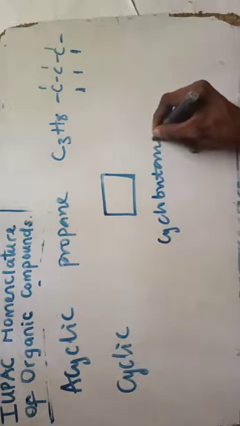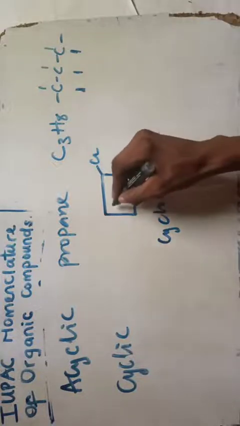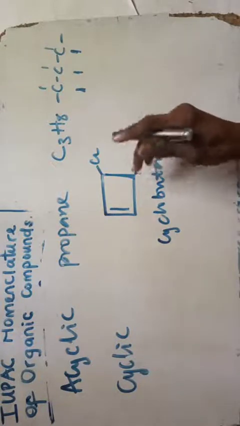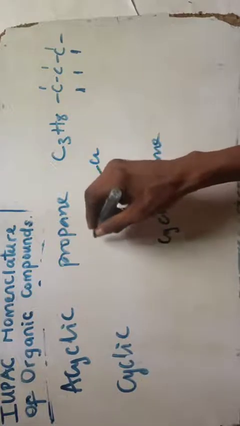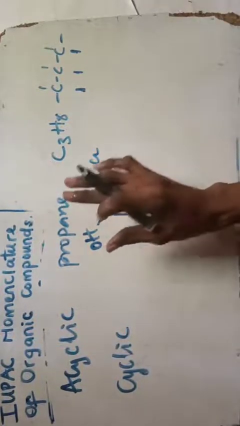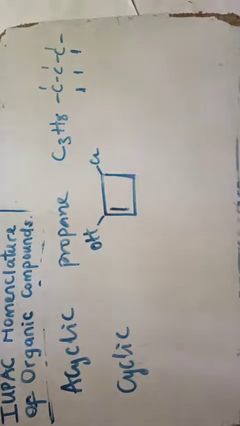Cyclobutane. But what about if I put something like chlorine here, and I put a double bond here, and I also put, let me say, I put this portion here, OH. So in this case, you see, you need to know the functional group. The functional group is the OH, because OH is more reactive than the double bond.